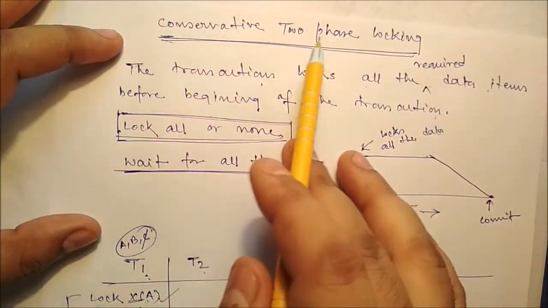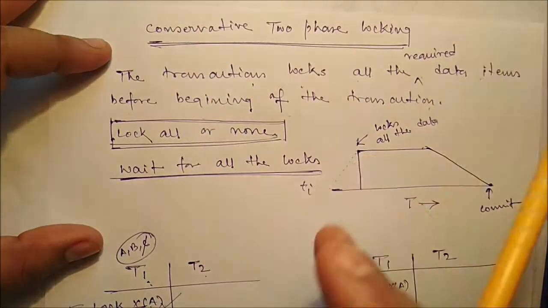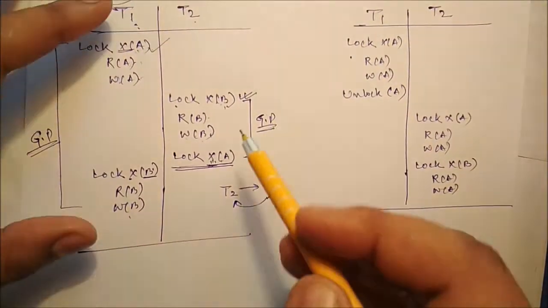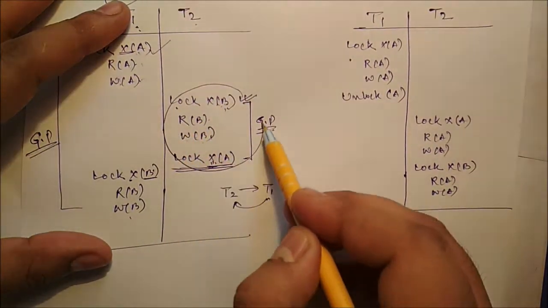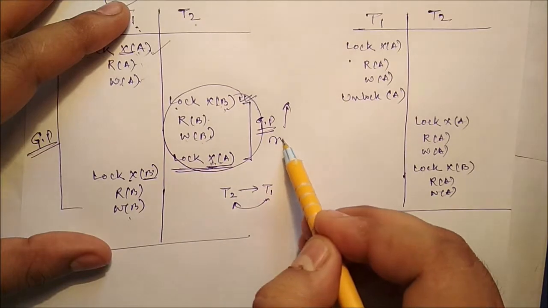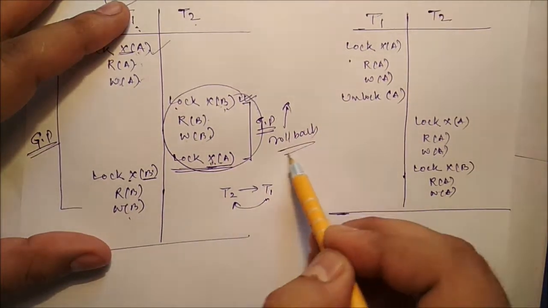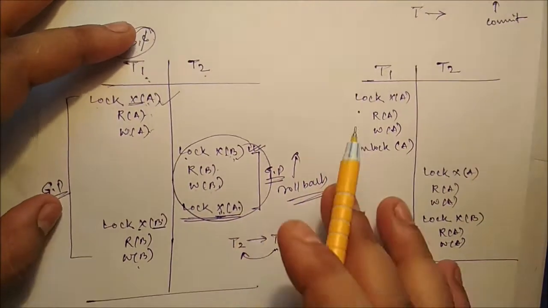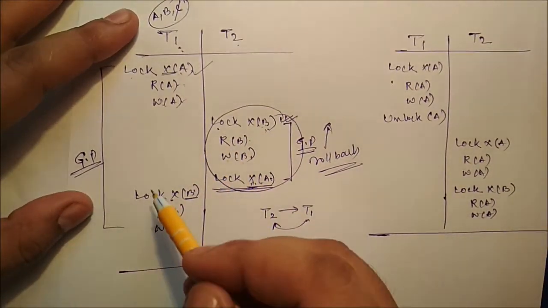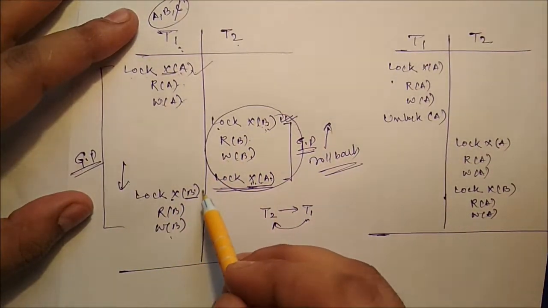So this is a violation of the conservative two-phase locking protocol. What will happen? This particular T2 transaction will roll back, and definitely after that T1 can continue its process.